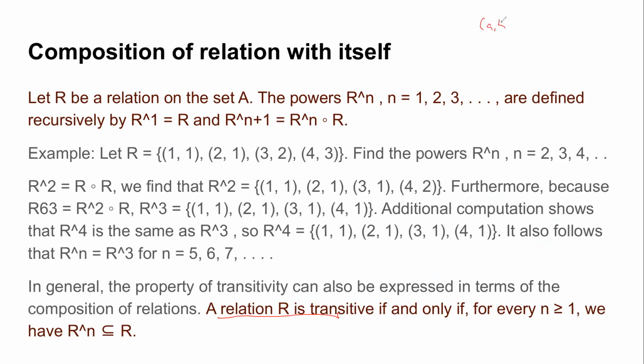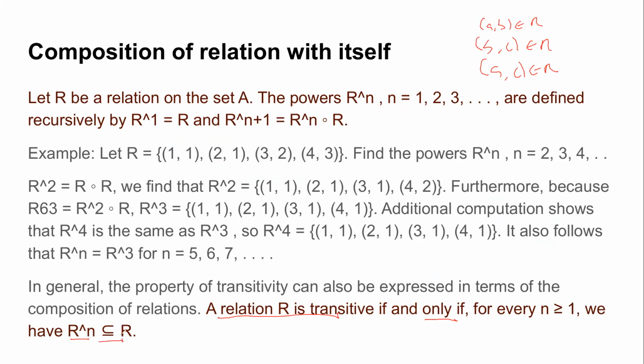If AB is in R and BC is in R, then AC should also be in R. A relation is transitive if and only if all its higher powers are subsets of it.